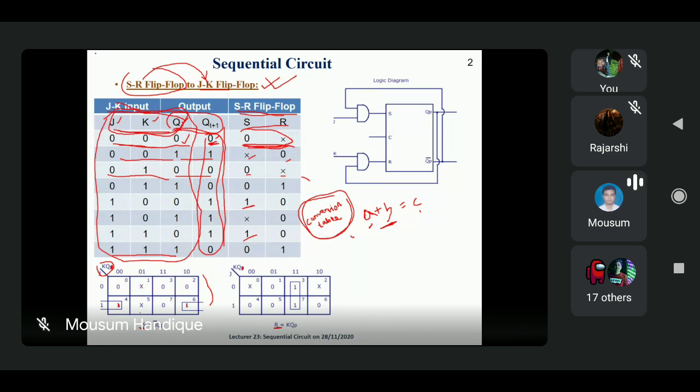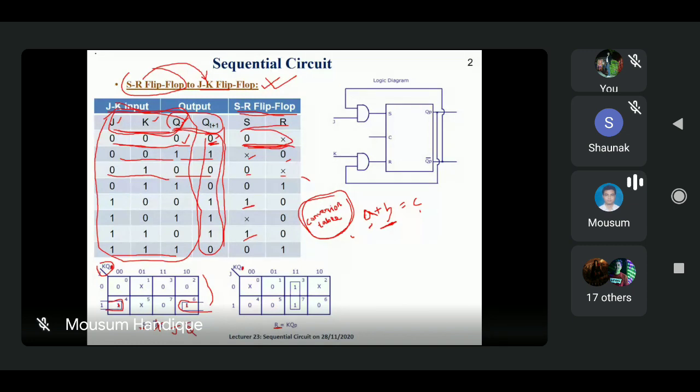So in the normal grouping of the K-map, one group is possible here and another group here. Based on that, what is the S value? S value we are getting is J Q bar.